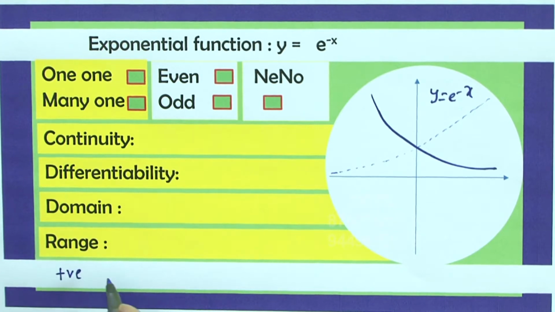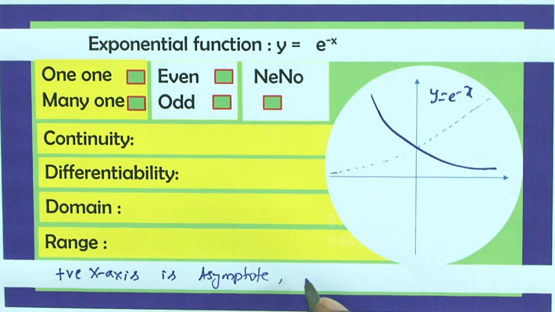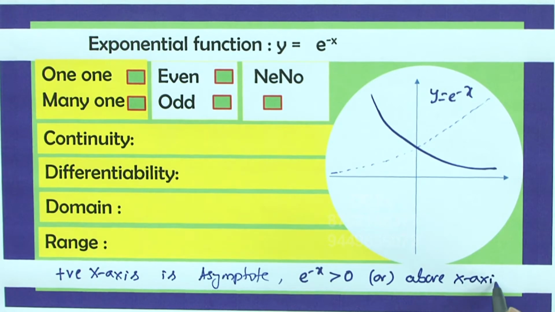Positive x-axis is the asymptote, anybody can say that, right? Positive x-axis is the asymptote to the curve, and e power minus x is always greater than 0, or above the x-axis. Very, very important information, right?